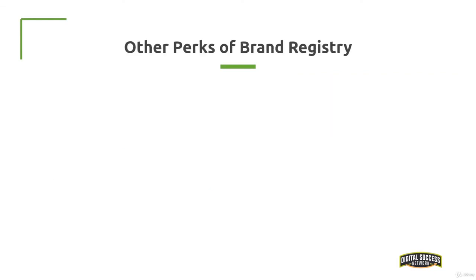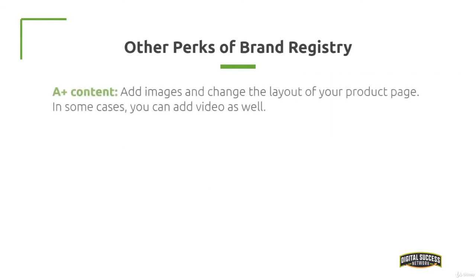Okay, there's many other perks of brand registry. You get A+ content, formerly called enhanced brand content. You can add images and layouts to your listing rather than just the standard text content. Amazon's even allowing videos on some of their listings. You can have an actual brand store, so you can add a storefront for your brand.